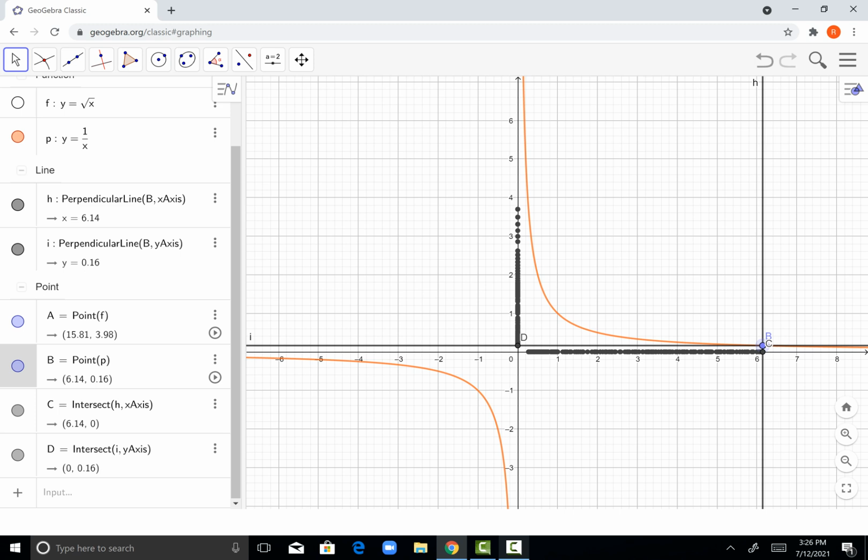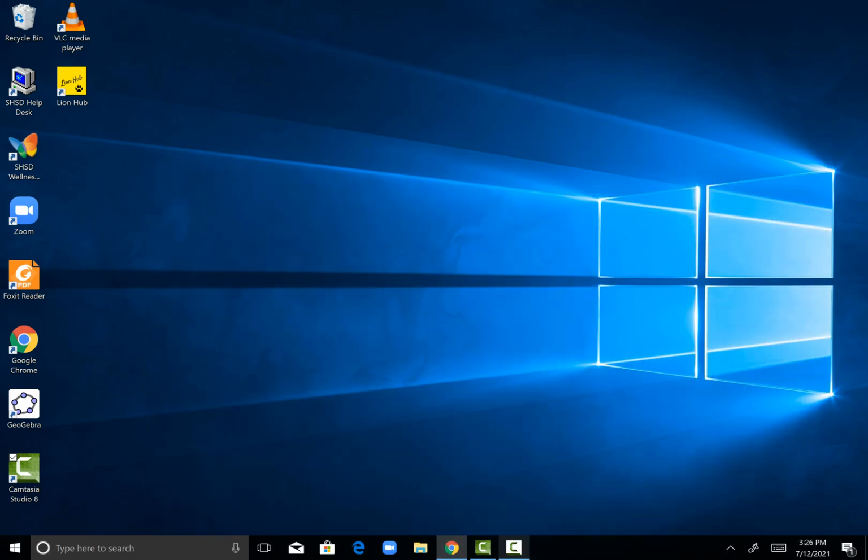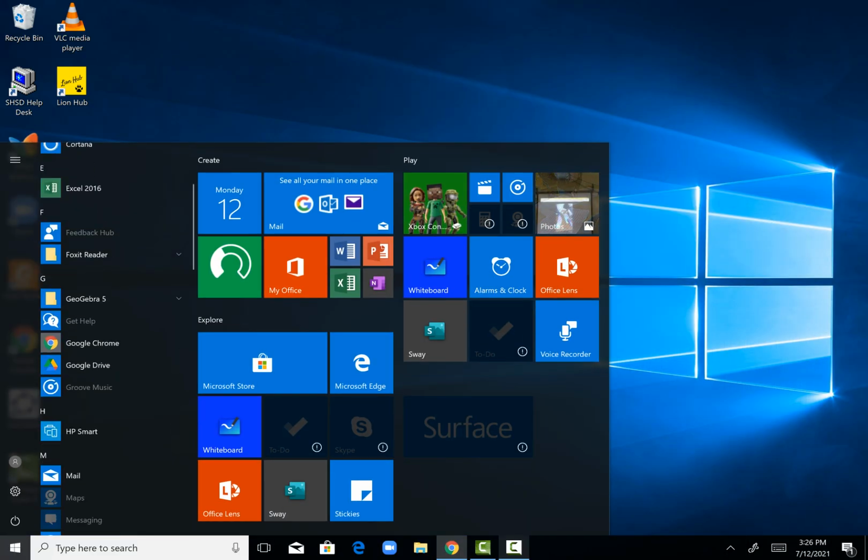So the reason for that is because it was a function 1 over x. And 1 over x, okay, you can't have 0 on the bottom of a fraction. So the domain cannot be 0. All right, so let me go back into here and do this real quick.